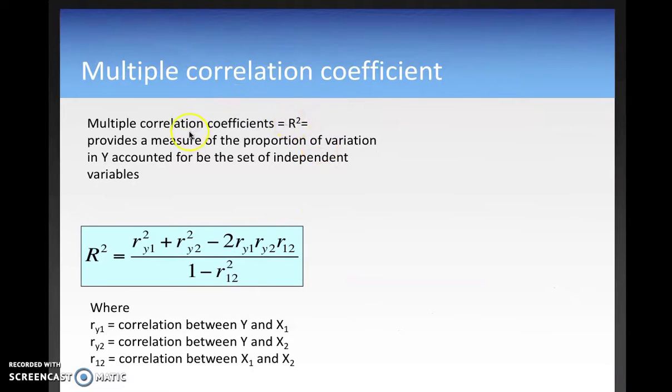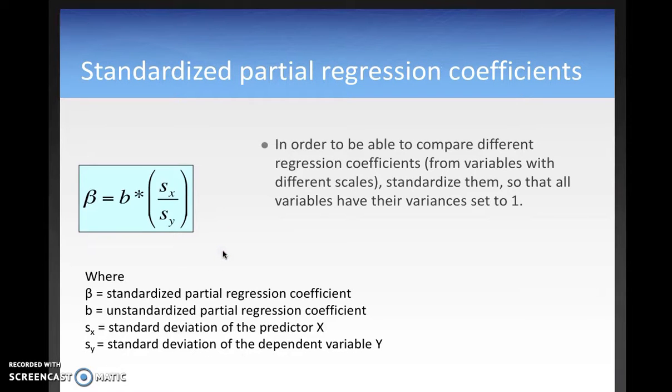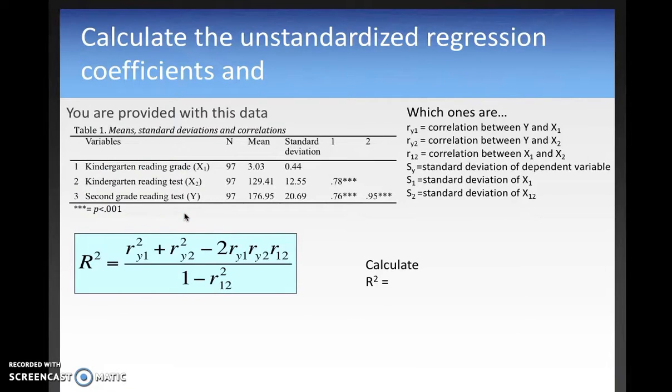Then to calculate the multiple correlation coefficient, we now don't just have one variable, but we have multiple variables. Here is the formula. And then we can calculate the standardized coefficient, the partial standardized coefficient, which extracts some of the variance of other predictors.